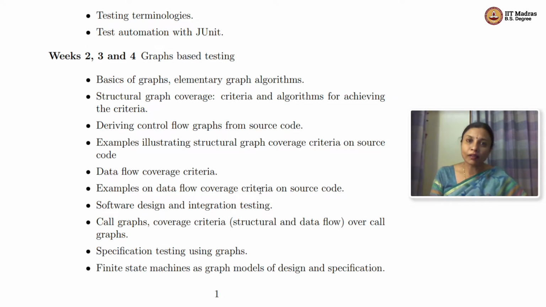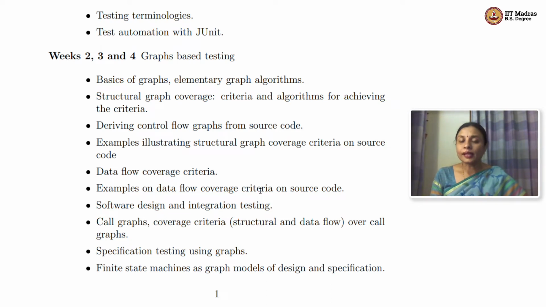Then we saw data flow criteria, the most elementary data flow criteria about data definitions and data uses. We augmented the control flow graph nodes and edges with data definitions and data uses, and tracked data flow criteria from every definition to one or more uses.